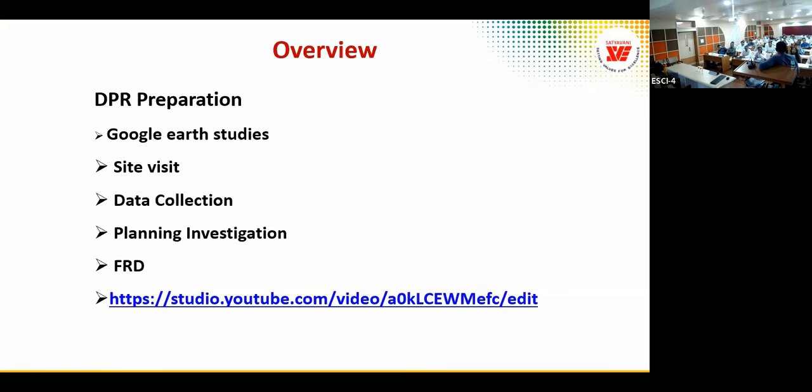Some of the sites have access issues. That's why I'm telling you, collect data on access. For example, in Arunachal Pradesh, the access is limited to a maximum of 5 tons loading on a vehicle. So we had to limit the machinery to a maximum of 5 tons. That means we have to take the machinery in completely knocked down condition.